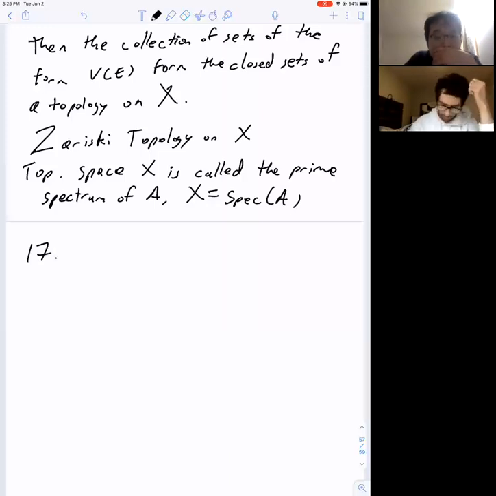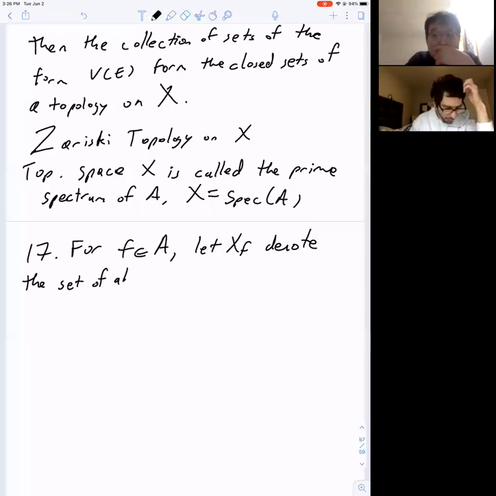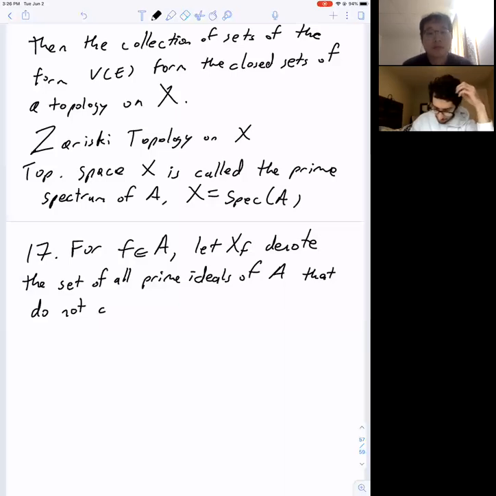So let A be a ring again. Let's say f is an element of A. Let X_f denote the set of all prime ideals of A that do not contain f.